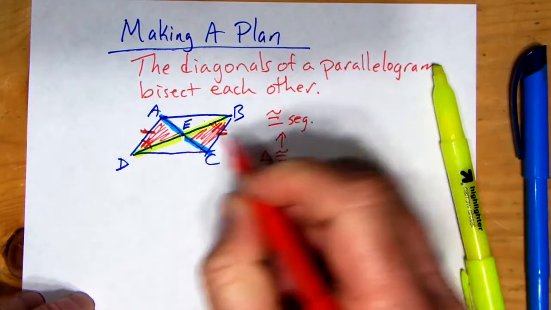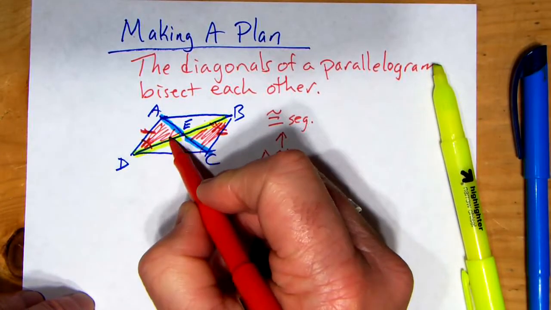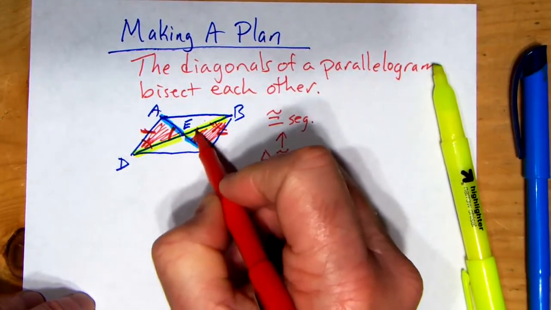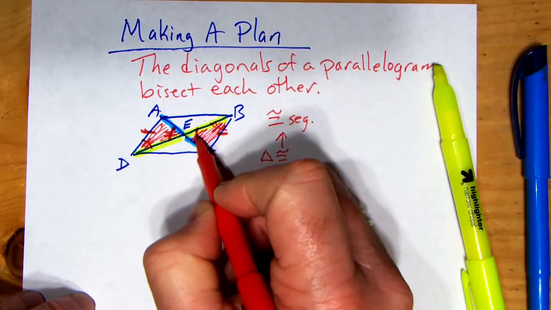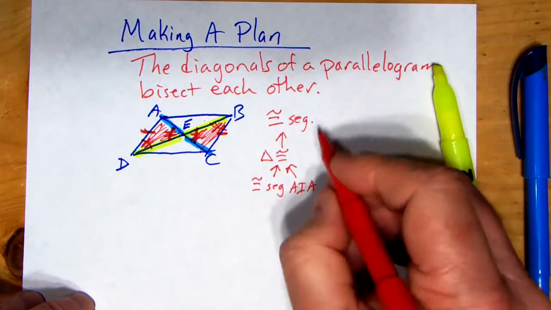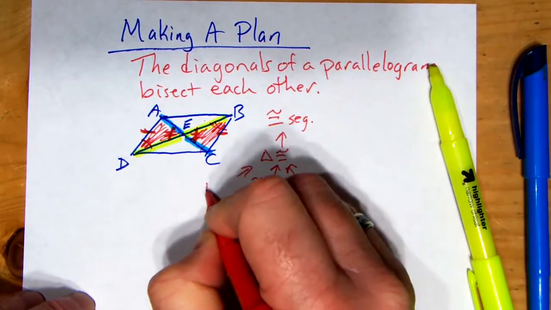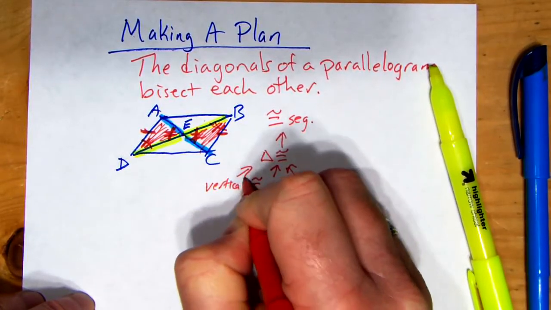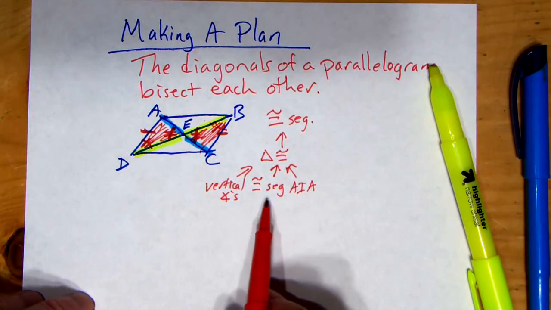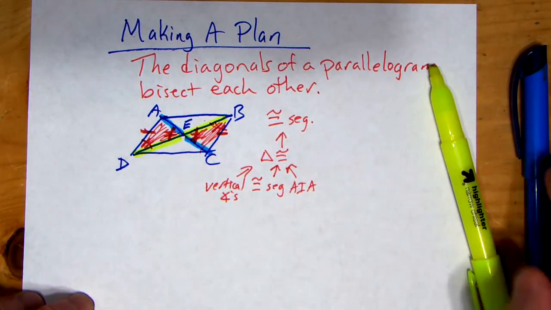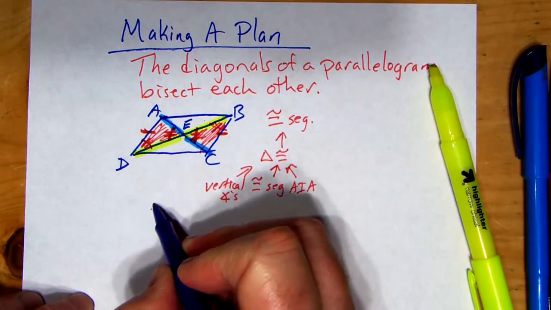That'll give us one pair. And many of you will probably see this pair of angles in the middle here, those vertical angles. And so we're going to be doing some work with vertical angles to get the triangles congruent.